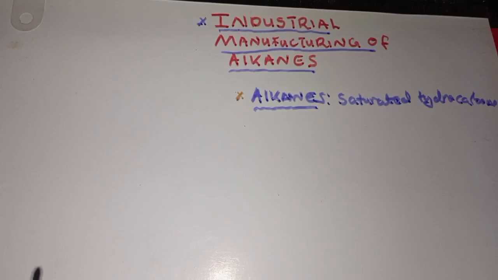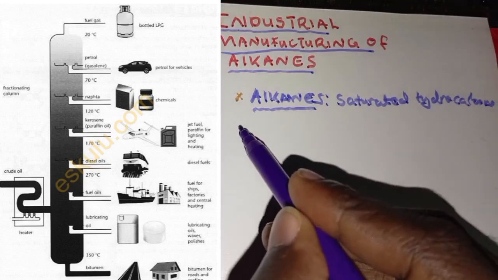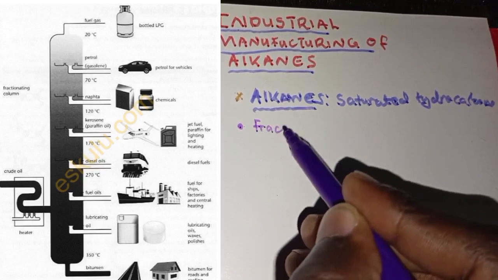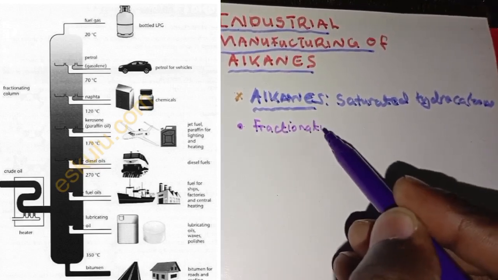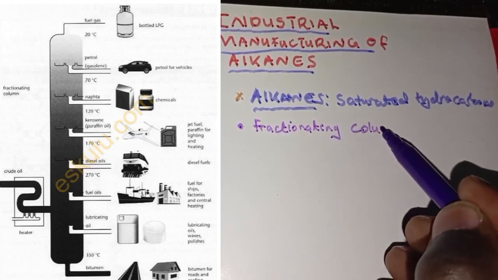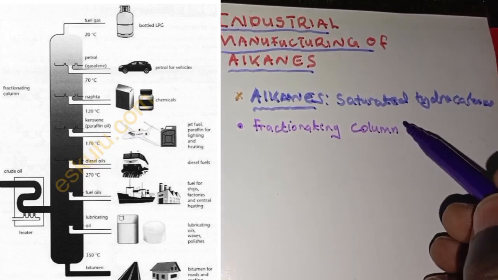Let me project. See the diagram there on the left side. It is what we call a fractionating column, and that's what you are seeing there.